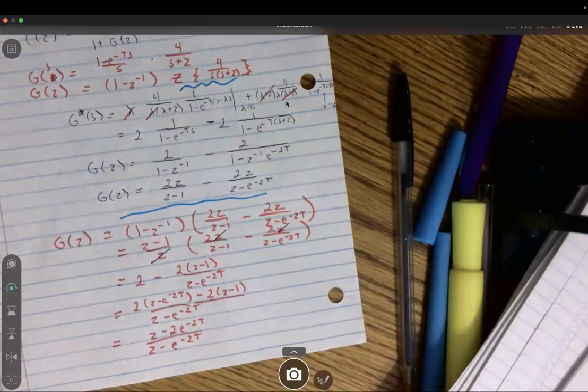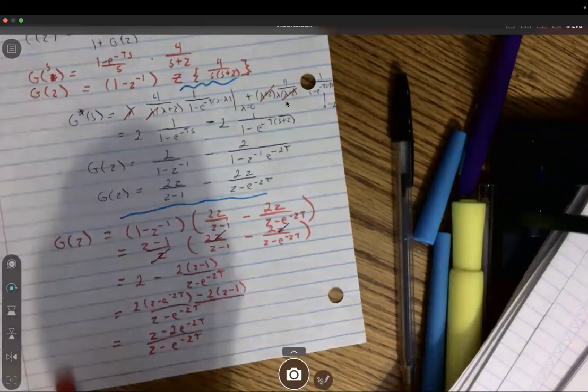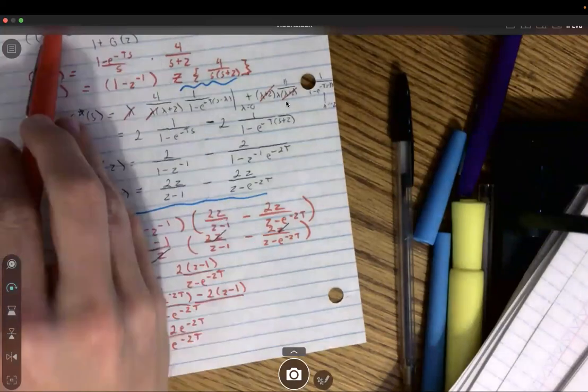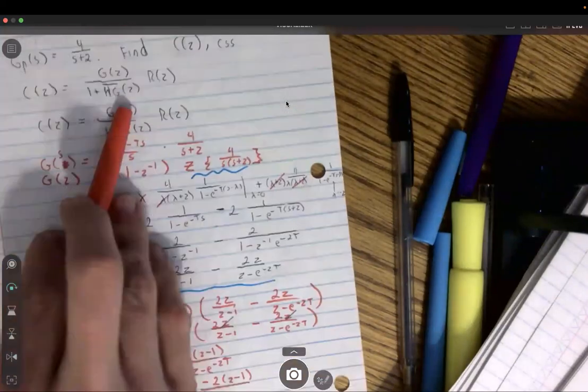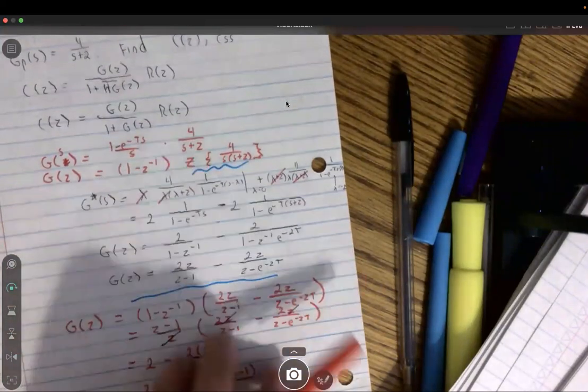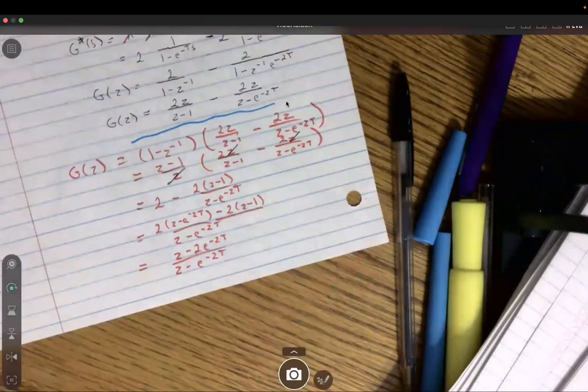Now that we finally got that, we have our G of Z. Our C of Z, remember, is G of Z over 1 plus G of Z, times R of Z. So we just found G of Z finally.